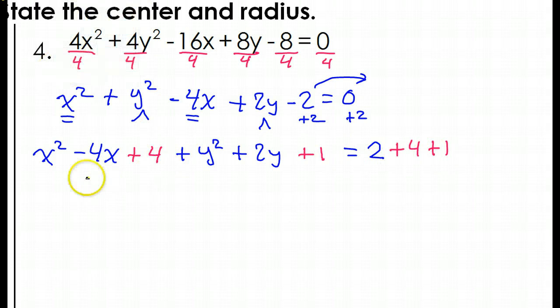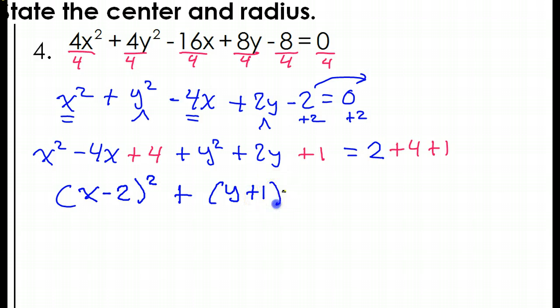Okay, so this should factor as x minus 2 twice. So I'm just going to go straight to x minus 2 squared. This is going to factor as y plus 1 twice. So y plus 1 squared. Notice the middle term gives you the sign in each case. Let's see. That's 4 plus 2 is 6 plus 1 is 7.